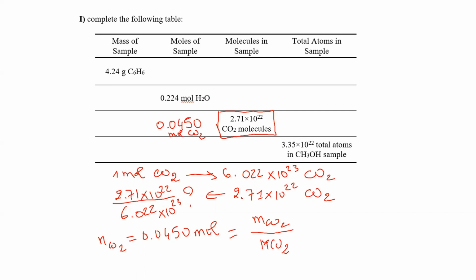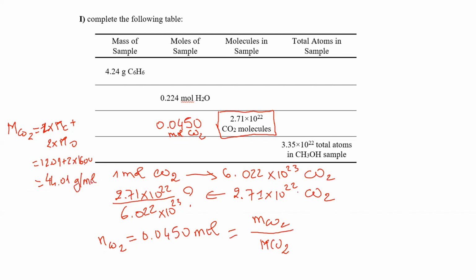So let's calculate the molar mass of CO2. M CO2 is equal to 1 times the molar mass of carbon plus 2 times the molar mass of oxygen. So it's equal to 12.01 plus 2 times 16.00. And this is equal to 44.01 gram per mole.